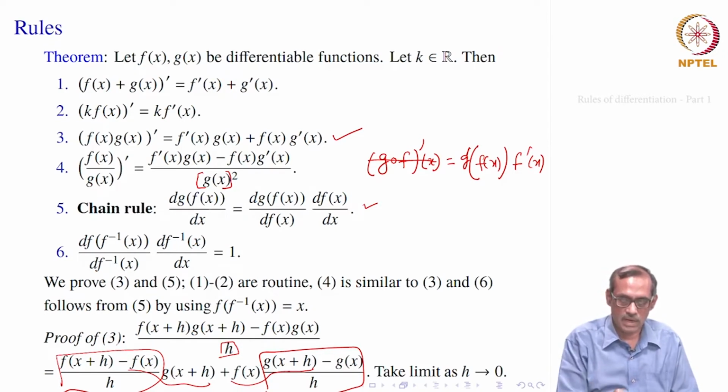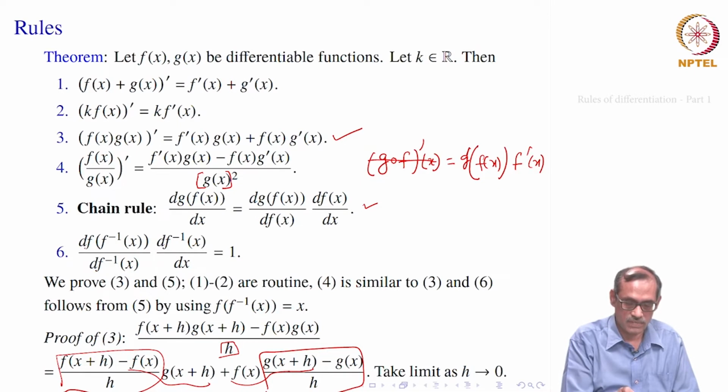Now, in particular, if you say that f is invertible, it is a bijection, then f inverse exists, and you may think of f of f inverse x. So, f of f inverse x is equal to x. Now, the left side is really x, the identity function. So, that can be differentiated with respect to f inverse x, and then d f inverse x divided by dx.